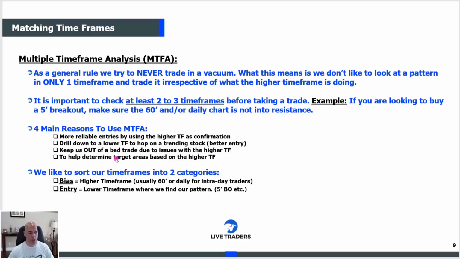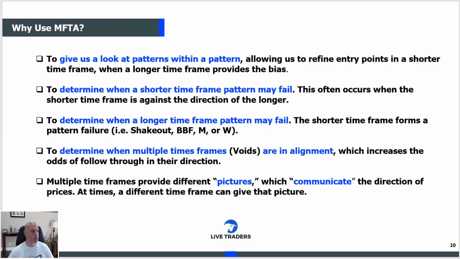And then it helps us determine our target area, which makes a more reliable exit, which means more money. Guys, this is trading in a nutshell. What can we do to make more money? Okay? And you're going to see on the charts here, these are very real things. This isn't hoopla. You really need to be paying attention to multiple time frame analysis on all and every trade that you take. So let's go through this.